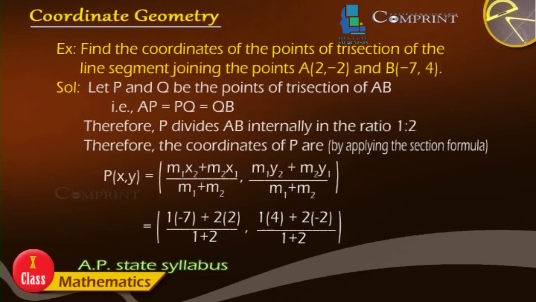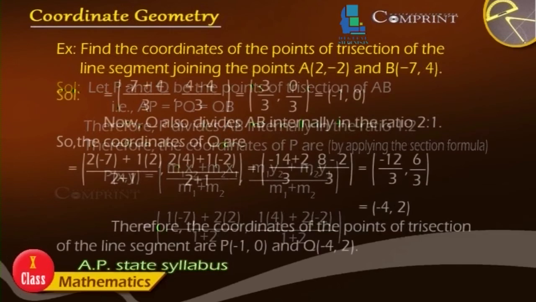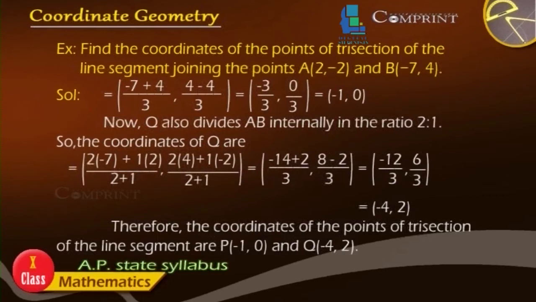By applying the section formula, P(x, y) = ((m1 x2 + m2 x1)/(m1 + m2), (m1 y2 + m2 y1)/(m1 + m2)) = ((1 into -7 + 2 into 2)/(1 + 2), (1 into 4 + 2 into -2)/(1 + 2)) = ((-7 + 4)/3, (4 - 4)/3) = (-3/3, 0/3) = (-1, 0).